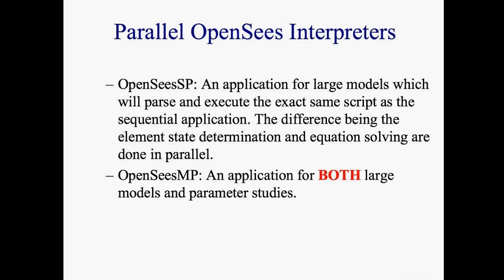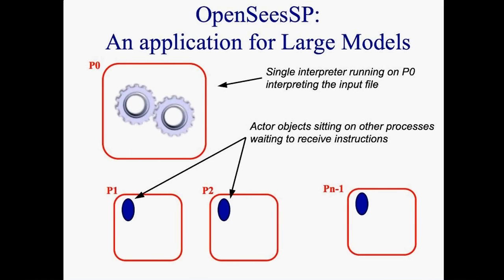It is by far the most widely used of my parallel applications. Most of the graduate students doing performance-based earthquake engineering within PEER are using OpenSeesMP to do their parameter studies when they're running on parallel machines. I'm going to talk about both these applications in a little more detail now.